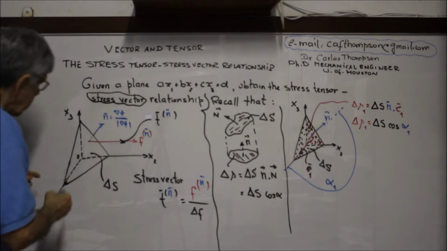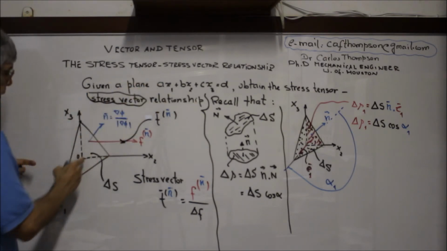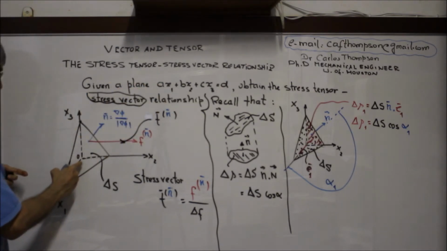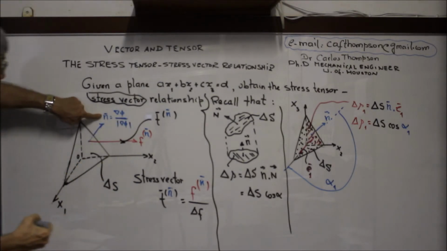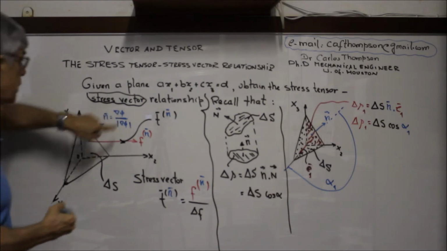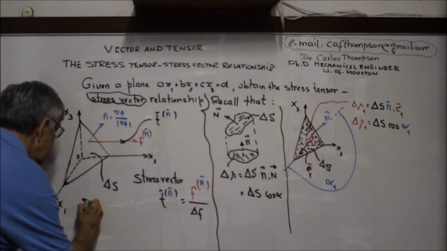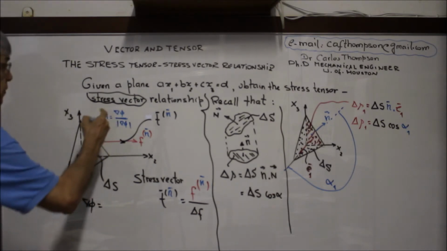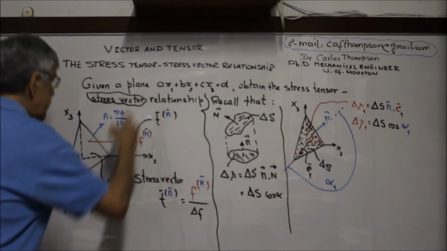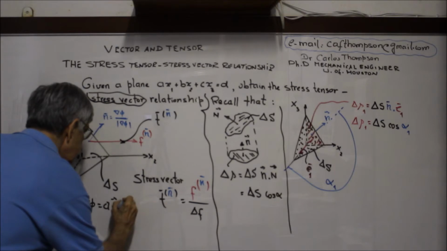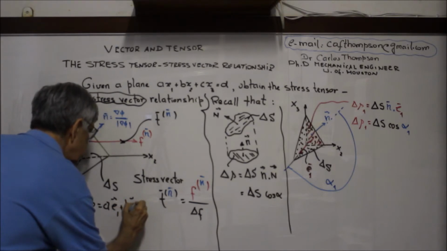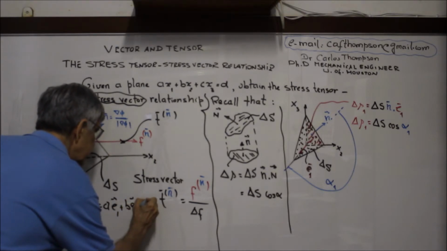Now, this plane is given. So if this plane is given, I can calculate the unit vector n. Why? Because nabla phi, this vector, is equal to a e1 plus b e2 plus c e3.